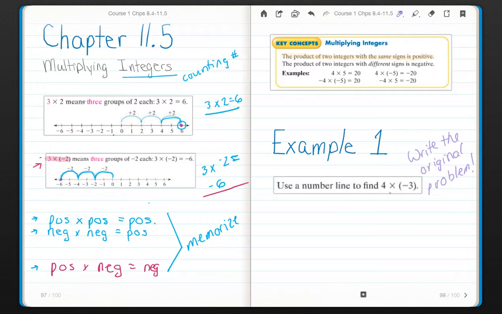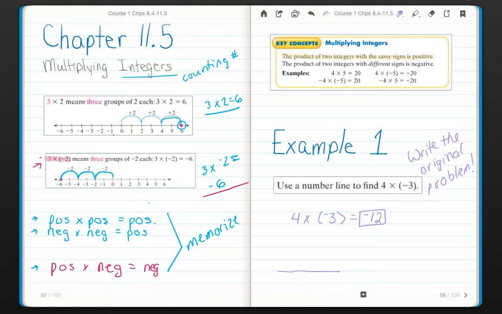So 4 times negative 3. I'm going to write the original problem. 4 times negative 3. Well, 4 times 3 is 12. But I have a positive times a negative, so therefore my answer will be negative. So 4 times negative 3 is negative 12.